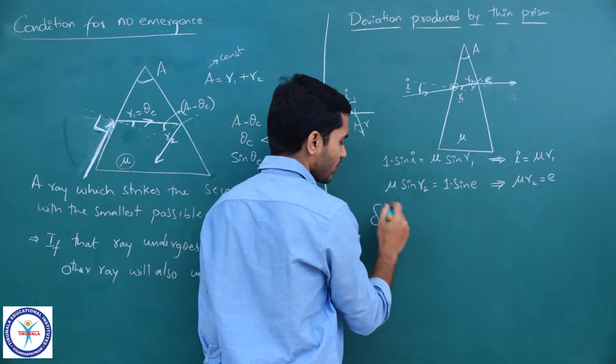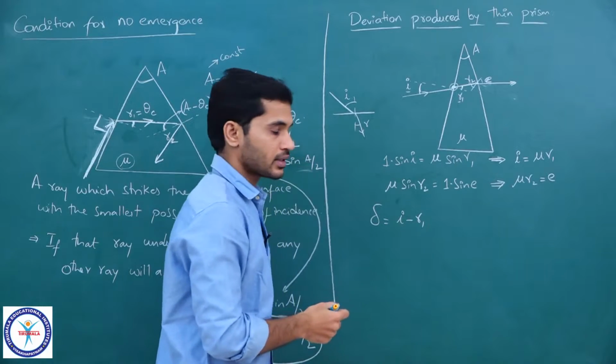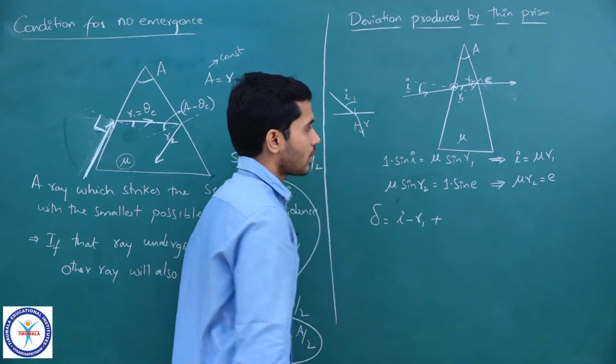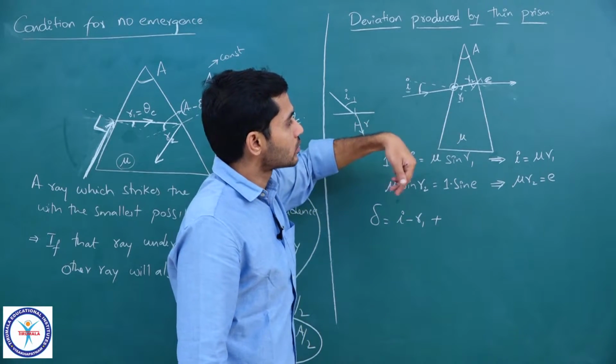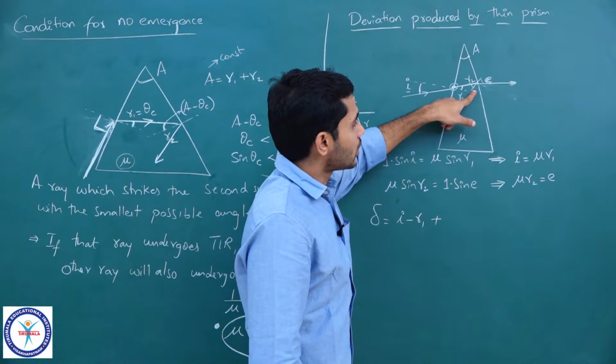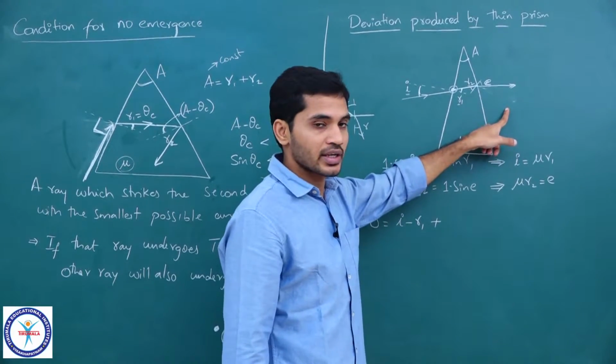Plus, now it is experiencing a deviation on the other side also. On the other side, the light is travelling from a denser to a rarer medium.